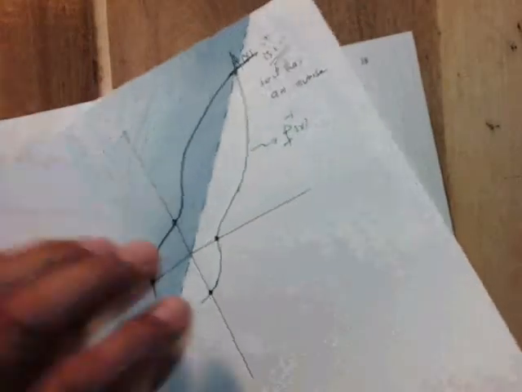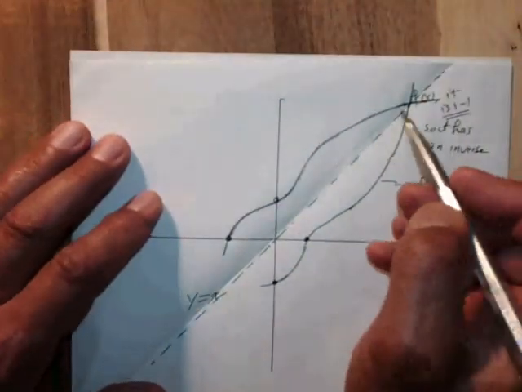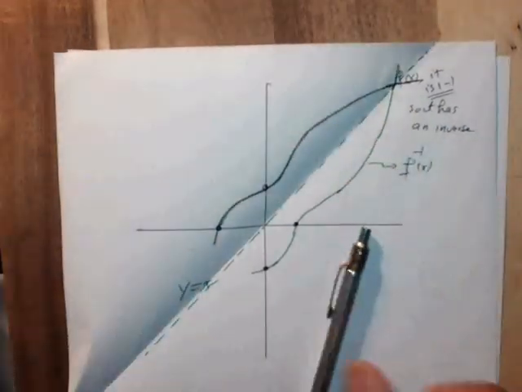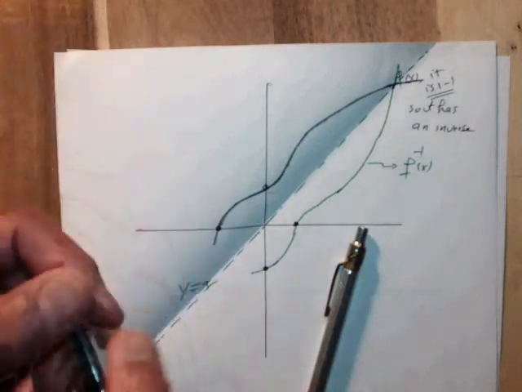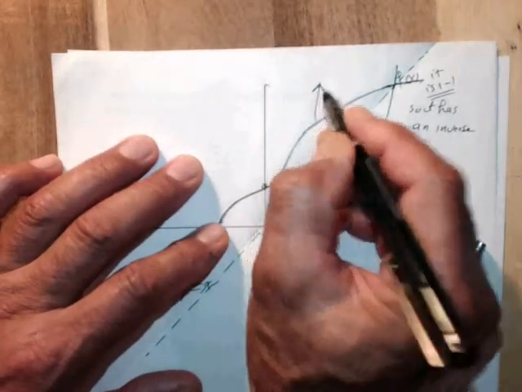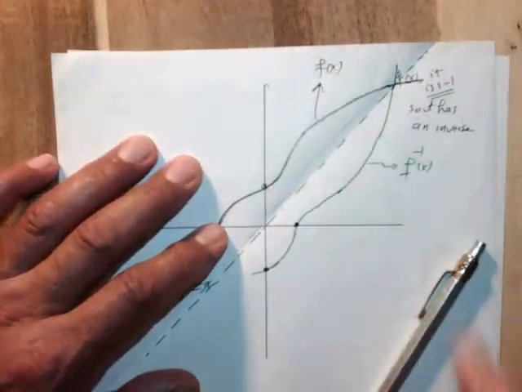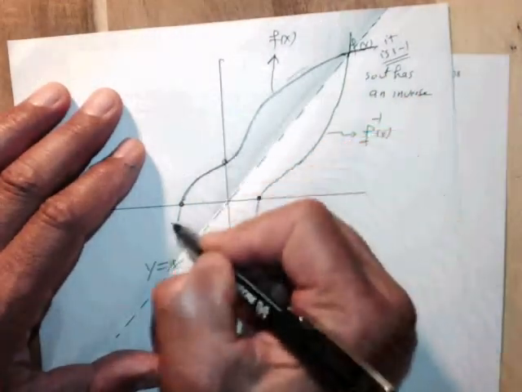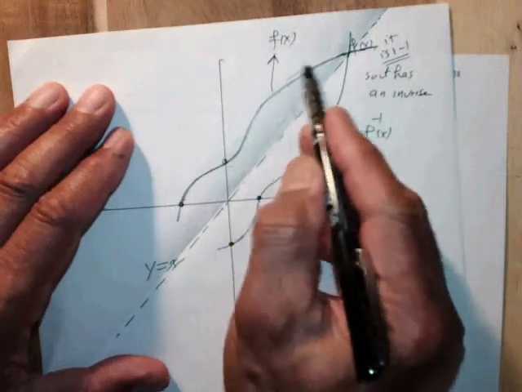Here I have a picture I have pre-drawn for you to show you what's going on. Let's say this black curve here is f of x, and it's clearly 1-to-1, so it has an inverse.